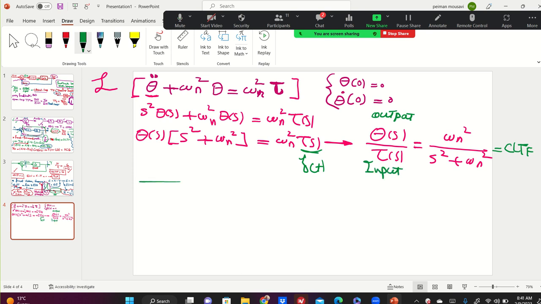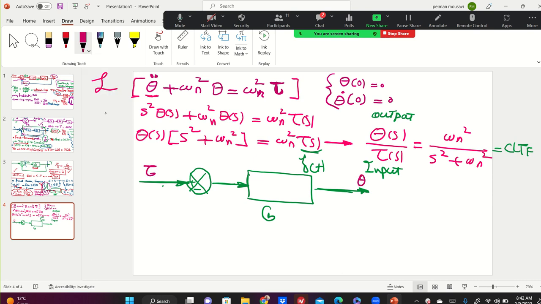If I plot this, it's going to be theta, plus 1, G the plant or pendulum. This is tau, this is theta, and it is compared with this.